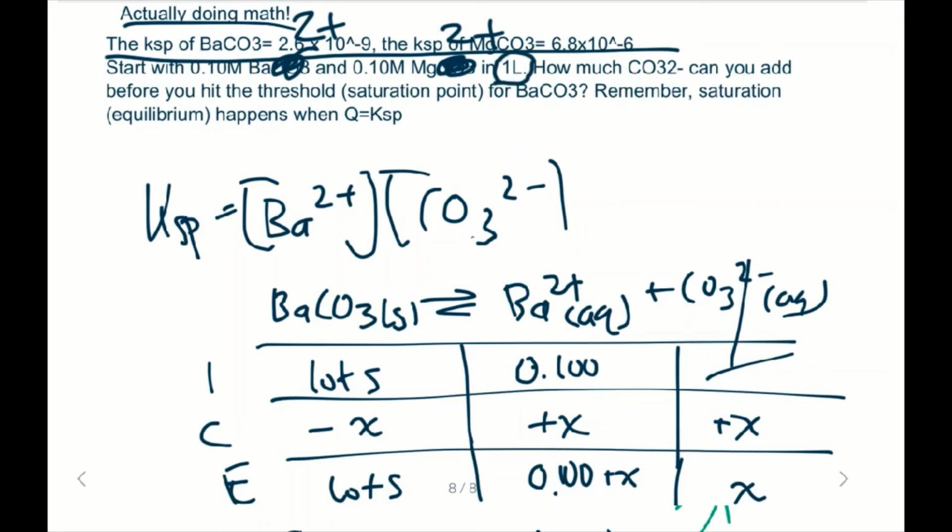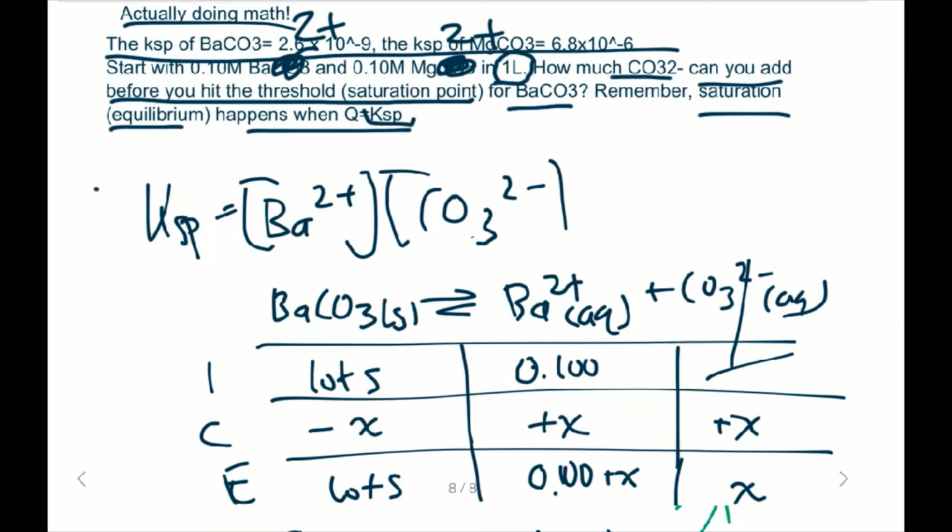How much carbonate can you add before you hit the threshold or the saturation point for barium carbonate? Remember, saturation, in other words, equilibrium, happens when the Q value or the reaction quotient is equal to the Ksp.